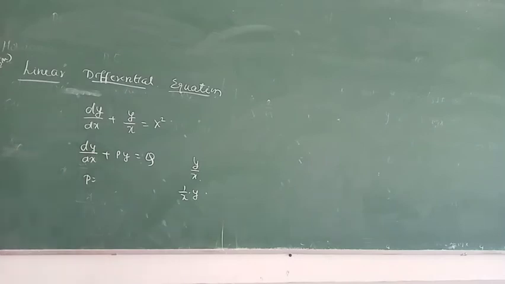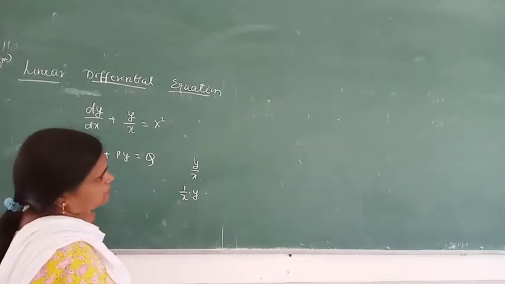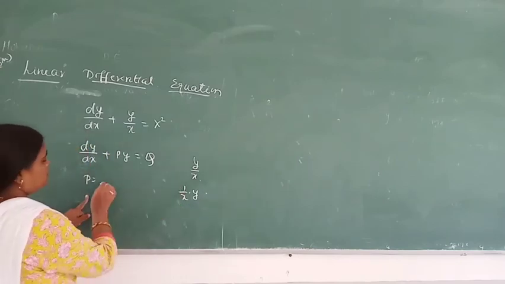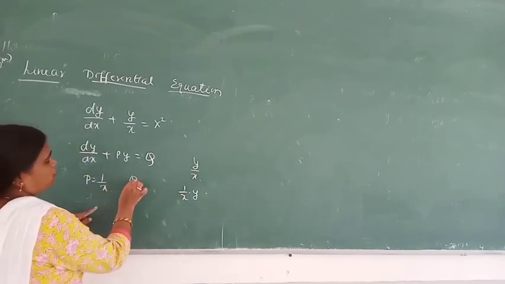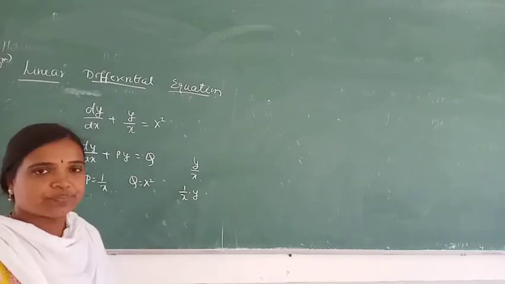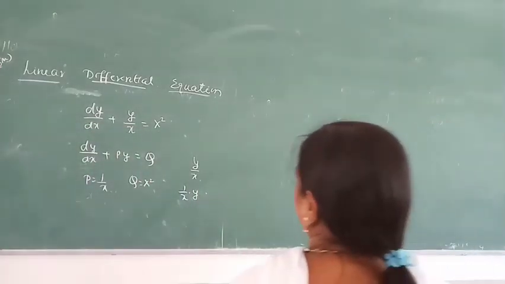In the definition they already mentioned that P represents a function of x or a constant. What is our function of x here? 1/x. And Q is x squared. In this way we can complete it.